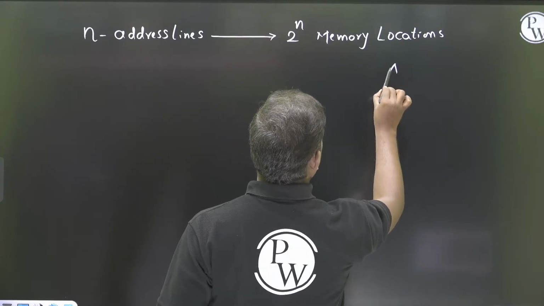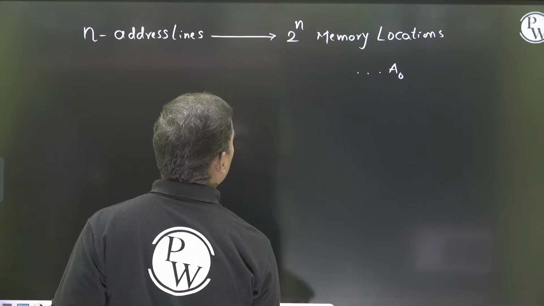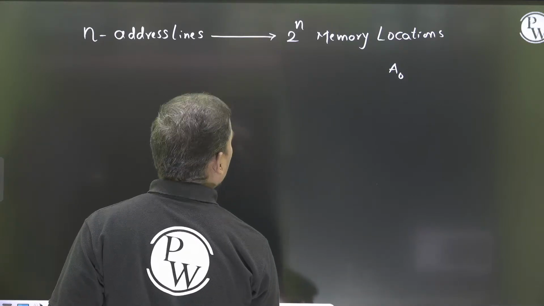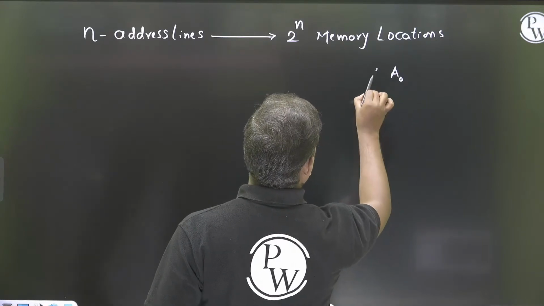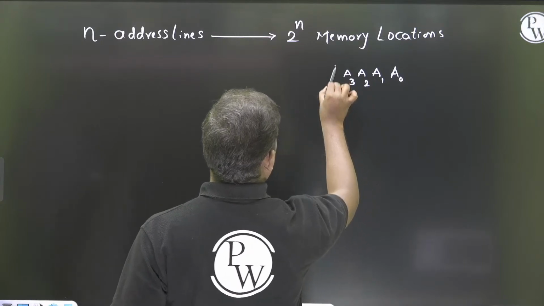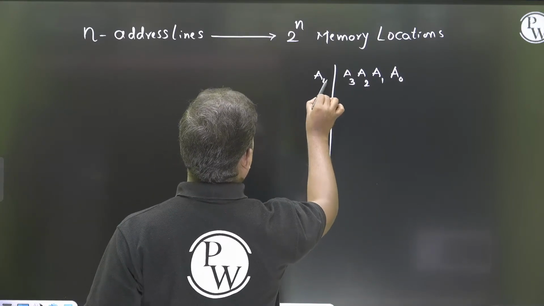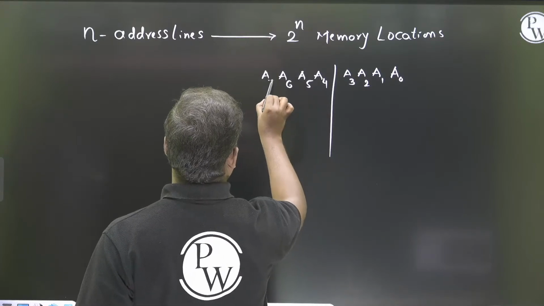So 20 address lines means it supports from A0. So fatafat, 20 address lines means A0, A1, A2, A3. Next, A4, A5, A6, A7.